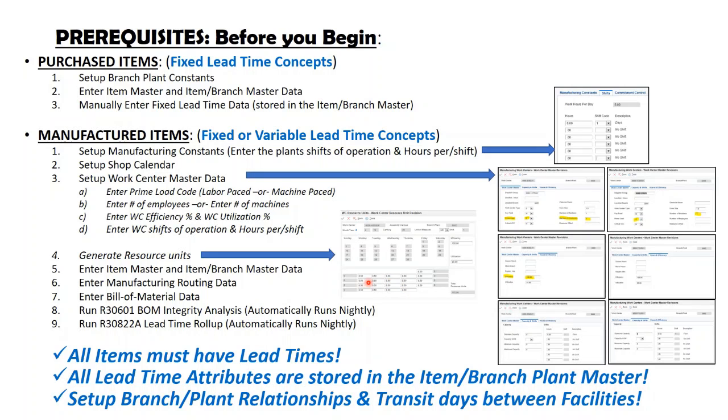We'll see later where rated capacity will take these gross hours per day and then factor them by the efficiency and utilization. An example of utilization would be if this work center is scheduled to run 8.5 hours a day, we may not fully utilize all 8.5 hours. For example, when employees come to work and clock in, there might be some startup activities, maybe some preventative maintenance. There might be some team meetings to kick off the day.